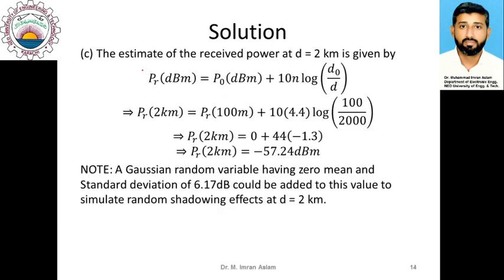So let us move on to our part C. For part C we can use this log distance formula, and if we substitute the values, PR at 100 meters which is 0 dBm, path loss index is 4.4, and log of 100 upon 2 kilometers which is 2000 meters, in that case the received power is minus 57.24 dBm.